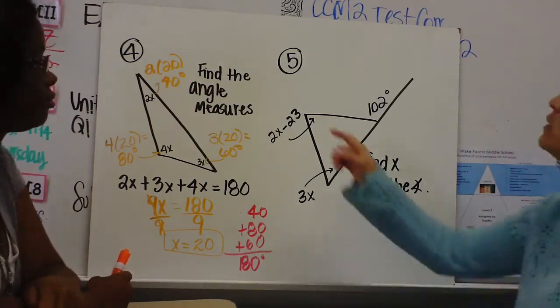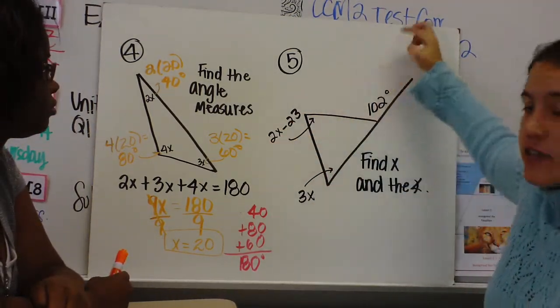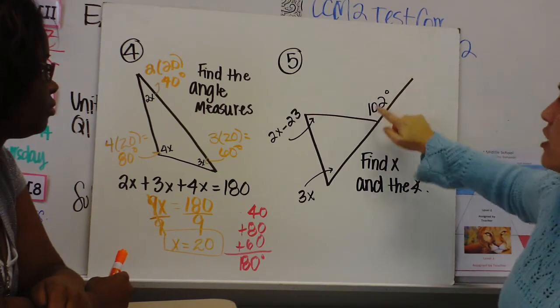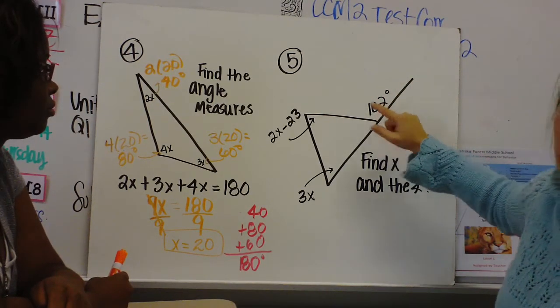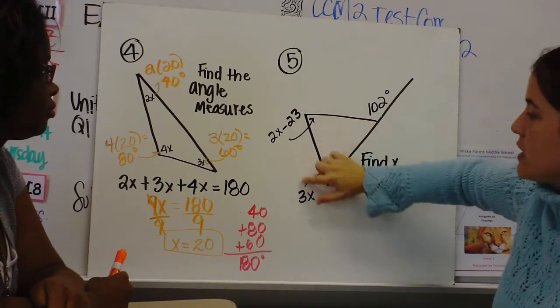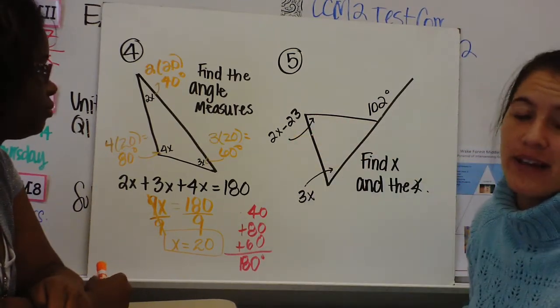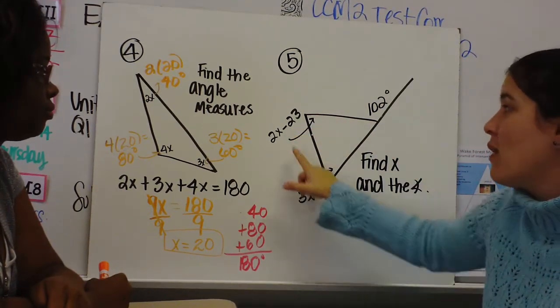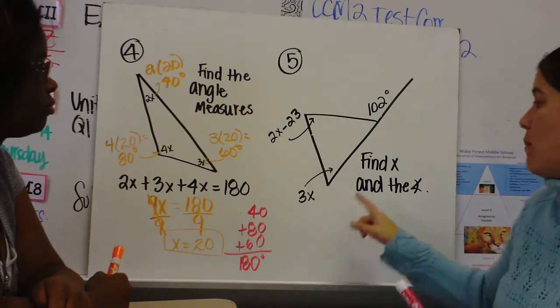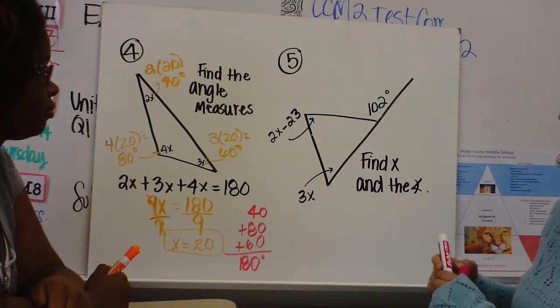So for the last example, we have the exterior angle, and we know that the exterior angle is going to equal these two angles added together. Now in this example, I didn't give you a simple measurement, you have variable expressions. But I want to find x and the angles.